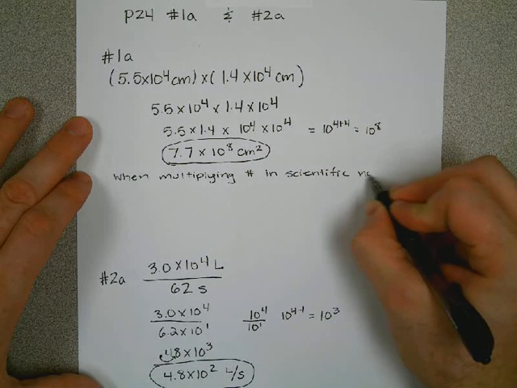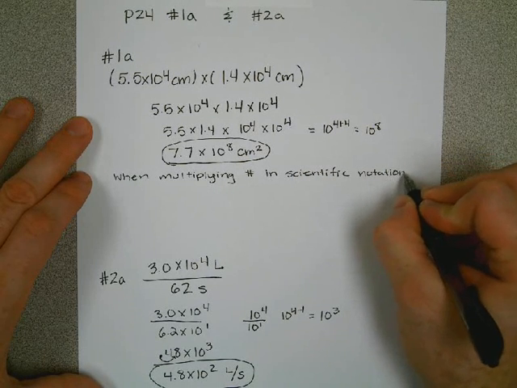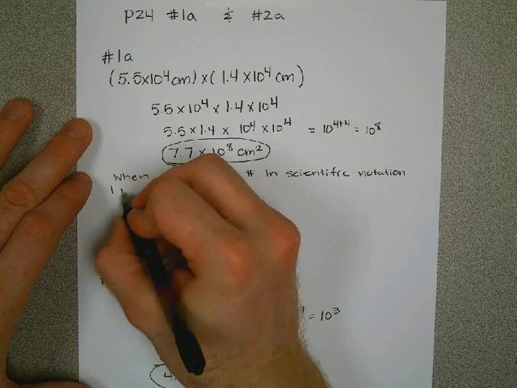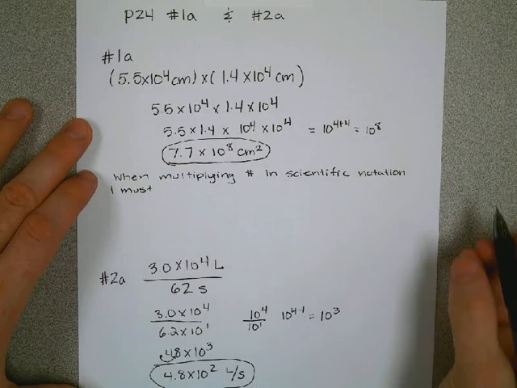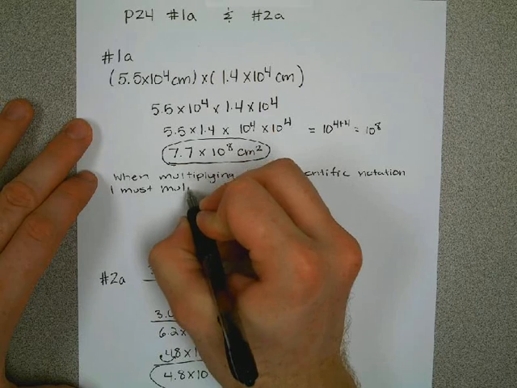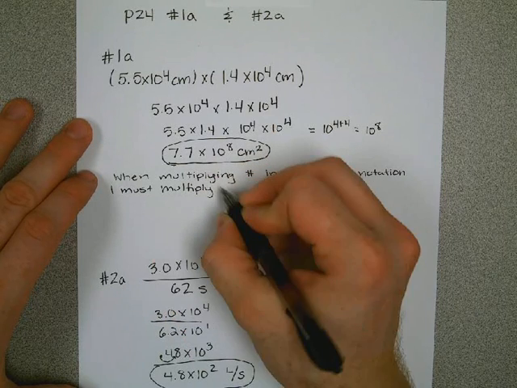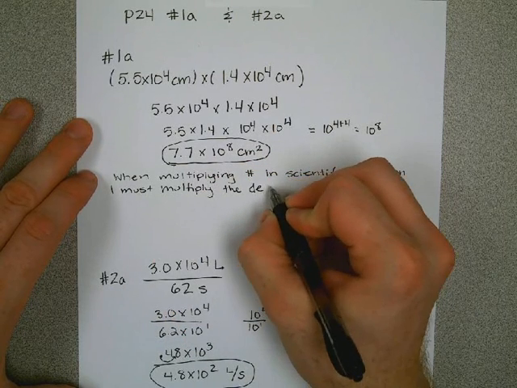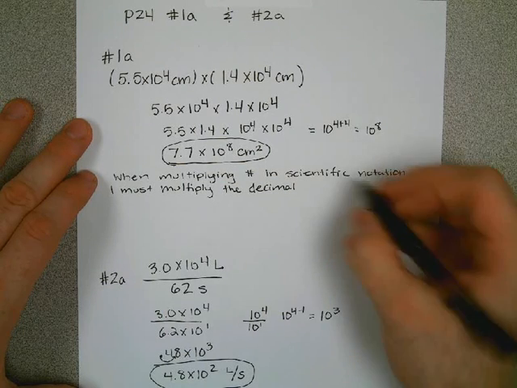multiply the decimals or decimal numbers and then multiply the powers.